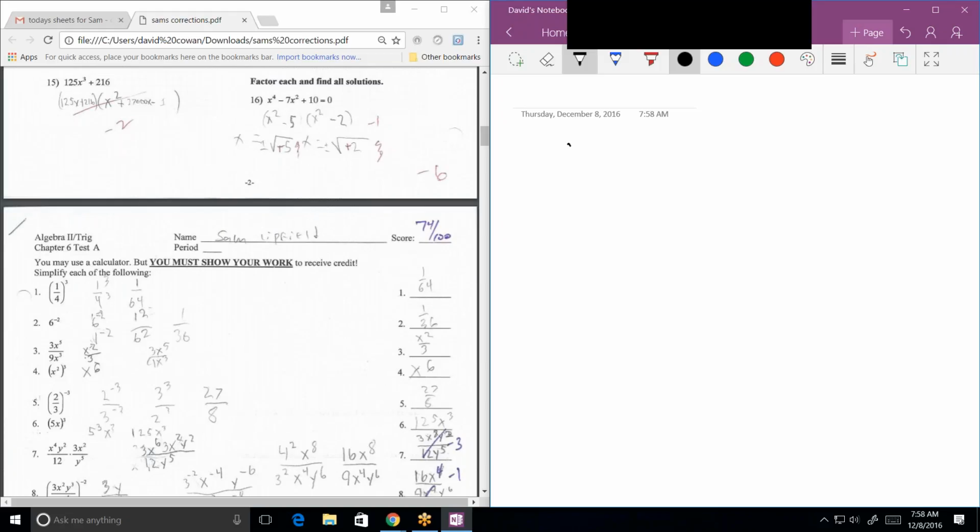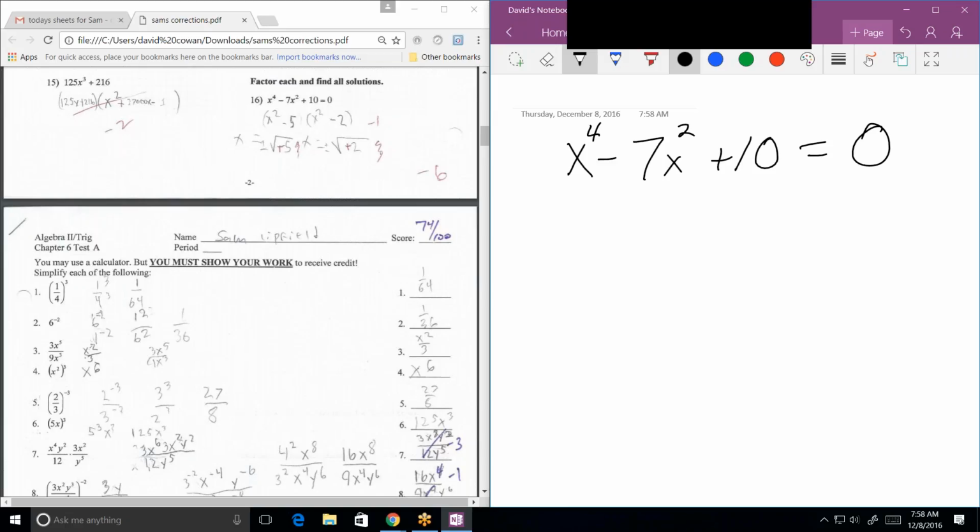So here, x to the fourth. Did you miss this one or not? Yeah, you lost 1 point. That is like a quadratic. It is a quartic, but you'll see how I'm going to make it a quadratic.